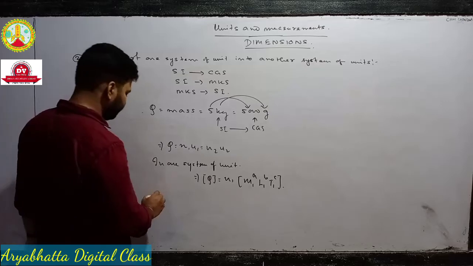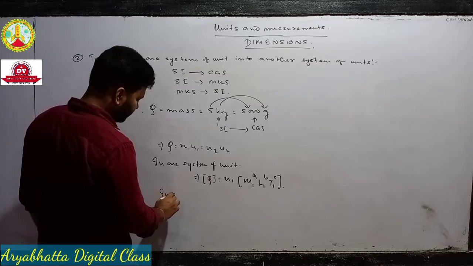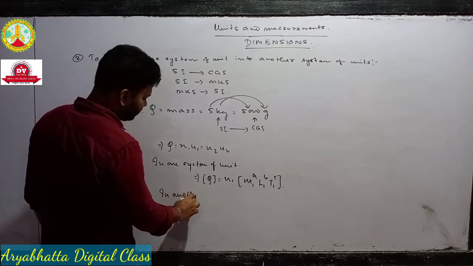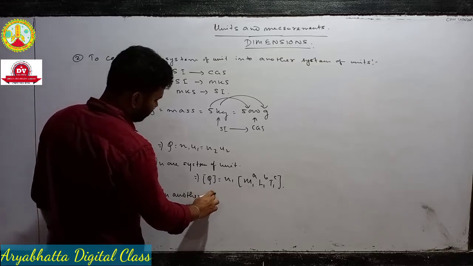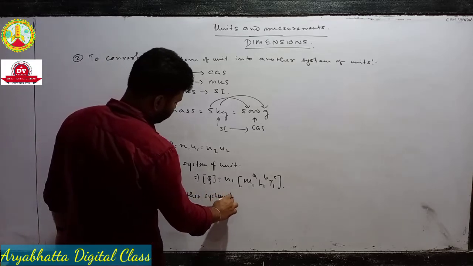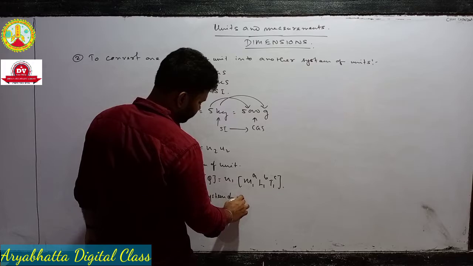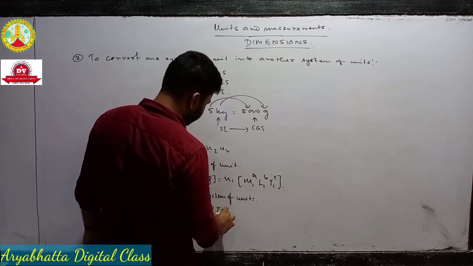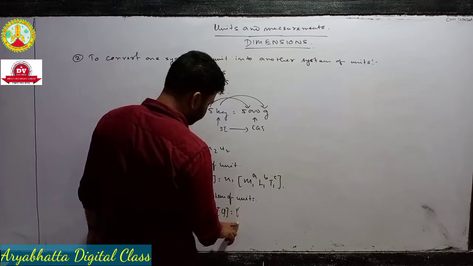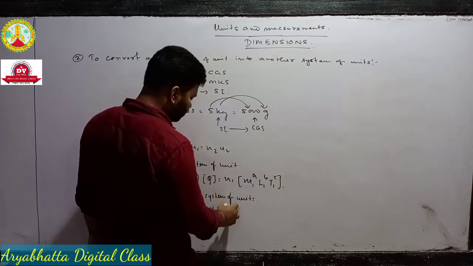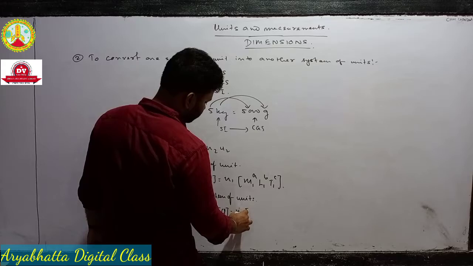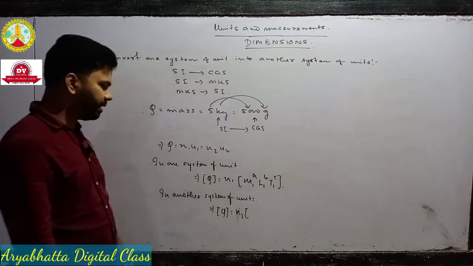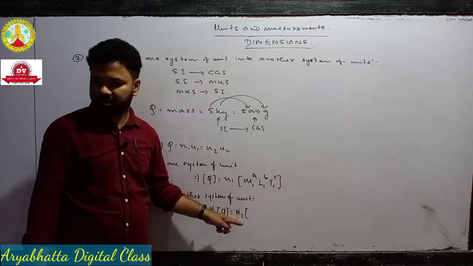In another system of units, the same quantity can be written as a number N2, but there is a change in the unit.